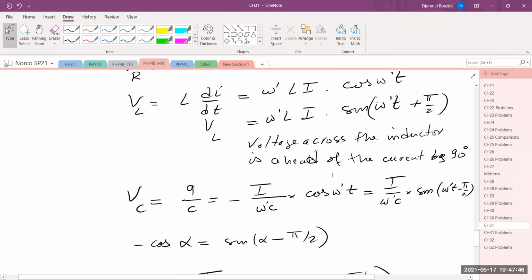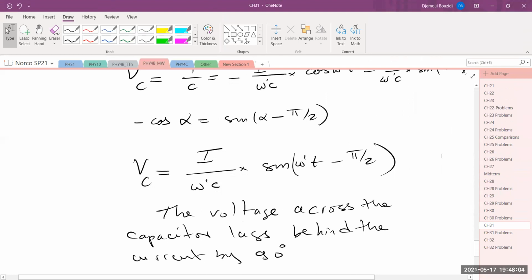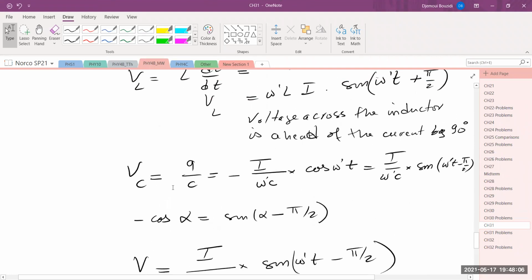So hopefully you saw where these things are coming from. The fact that the voltage across the inductor is ahead is because you're taking a derivative, and when you take a derivative of the sine, it becomes a cosine, and the cosine is the same as a sine except with 90 degrees added to it. The voltage across the capacitor is the charge over the capacitance.